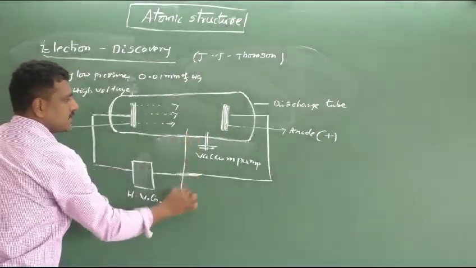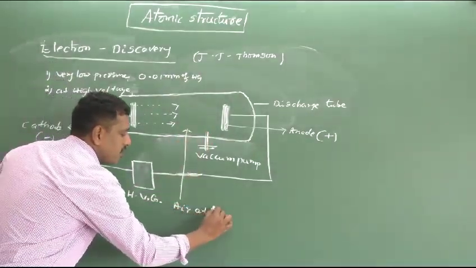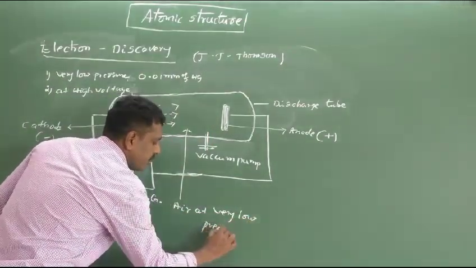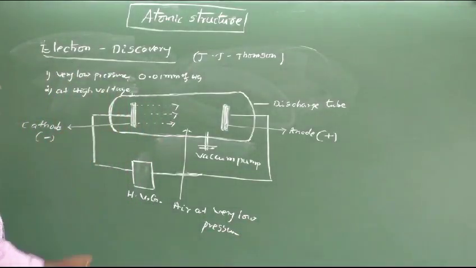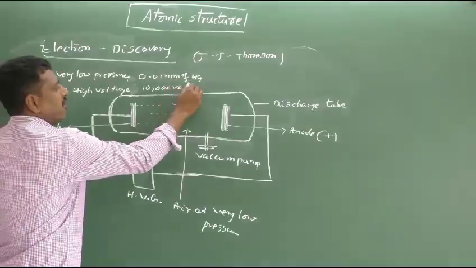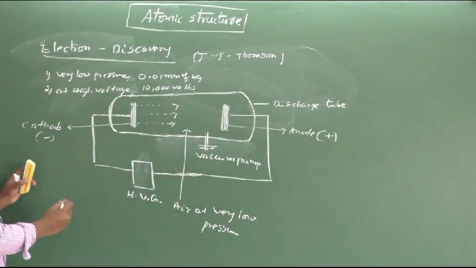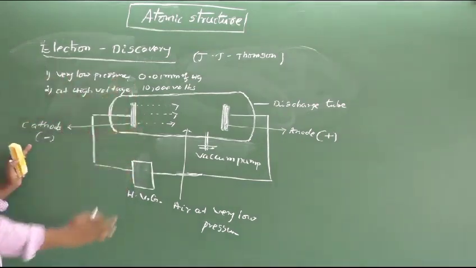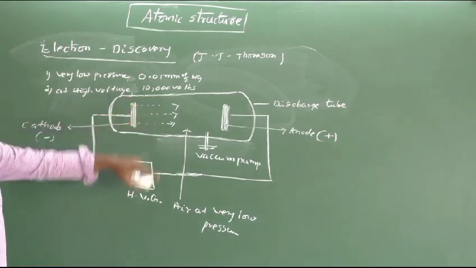Air is taken at very low pressure. High voltage means 10,000 volts of current.